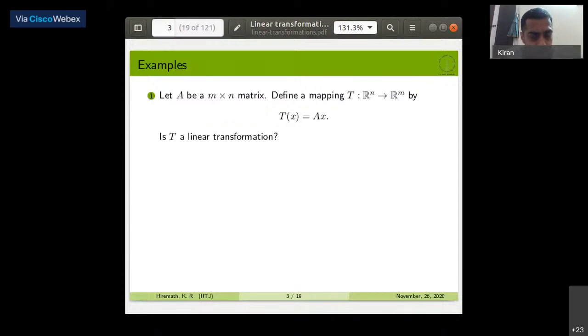So later on, we will study this. This is the point where we use an interesting result: on a finite dimensional space, every linear mapping has a matrix representation. This is one of the very cornerstone results of the study of finite dimensional vector spaces, that every linear operator on a finite dimensional vector space has a matrix representation.